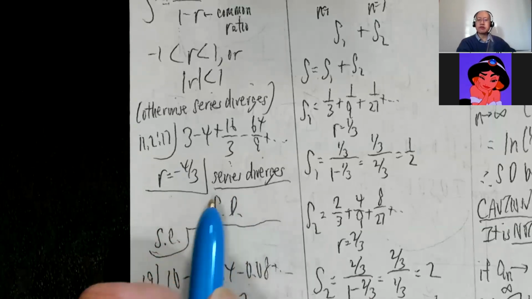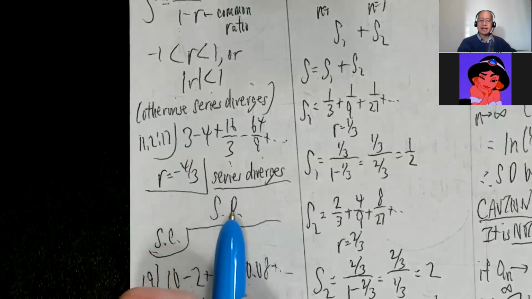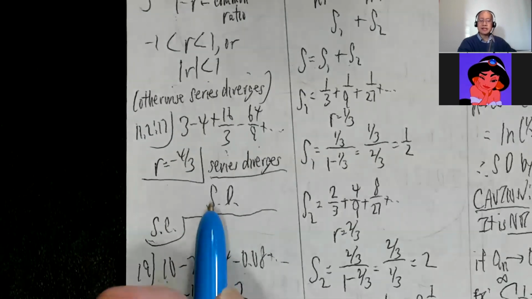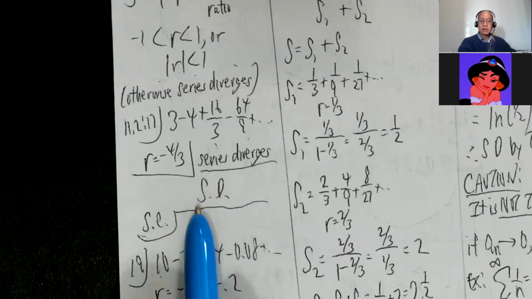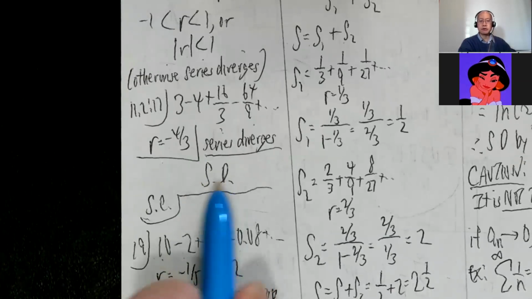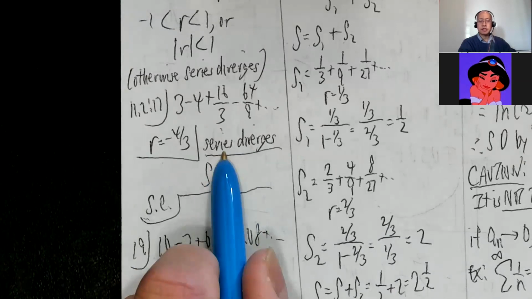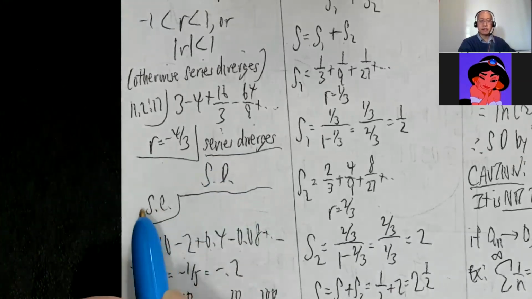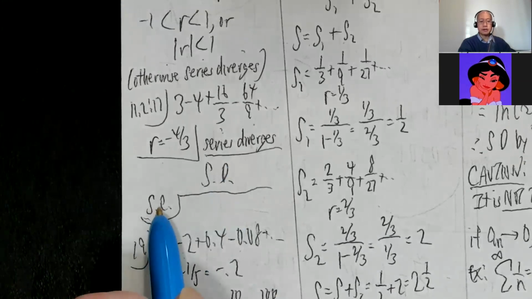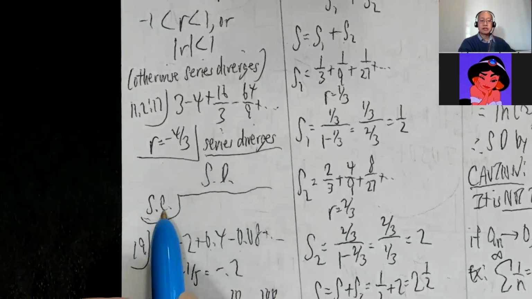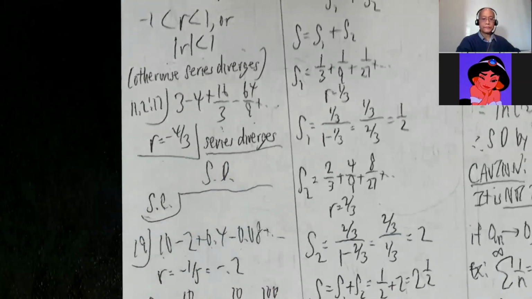So our abbreviation for series diverges is SD, and for series converges, we'll put SC. We know SD doesn't mean San Diego or South Dakota, it's series diverges, and SC, series converges. We know we're not talking about South Carolina or Southern California.